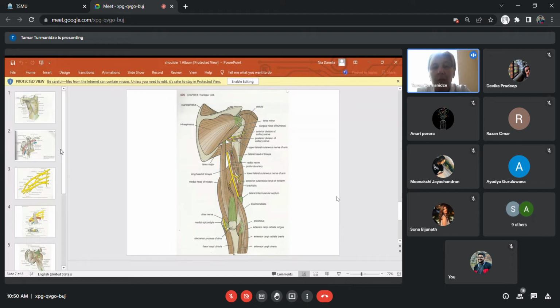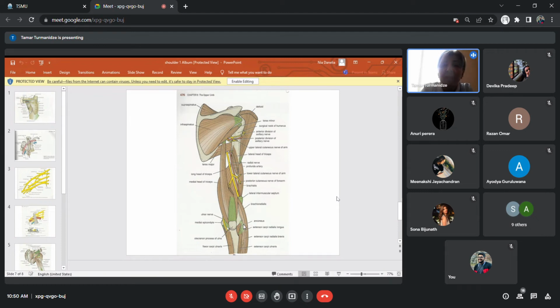So we start clinical anatomy of the upper limb. The upper limb consists of the shoulder, arm region, elbow region, forearm, and the hand.